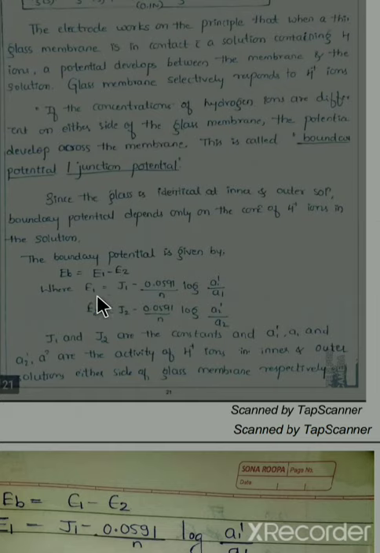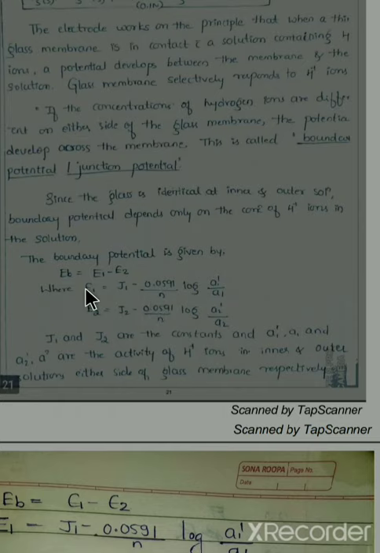Where E1, from the Nernst equation, the EMF, is J1 minus 0.0591 by N log of A1 dash divided by A1. And E2 is given by J2 minus 0.0591 divided by N log of A2 dash divided by A2.